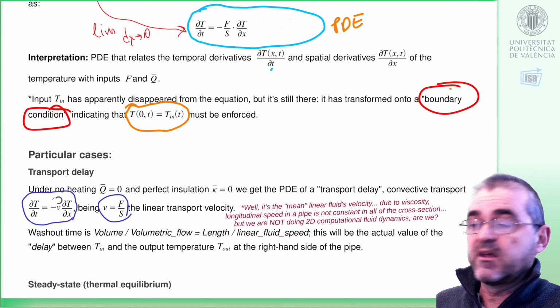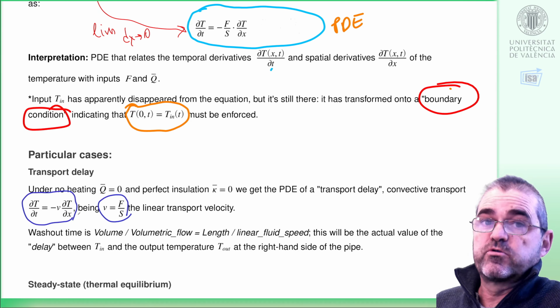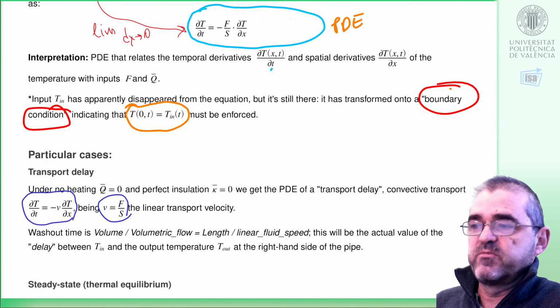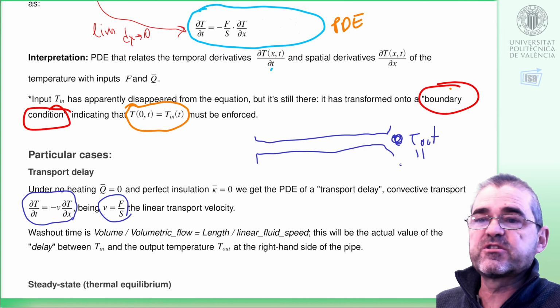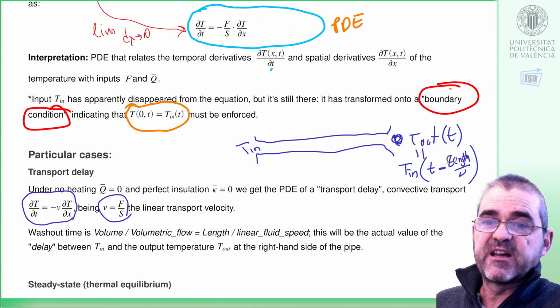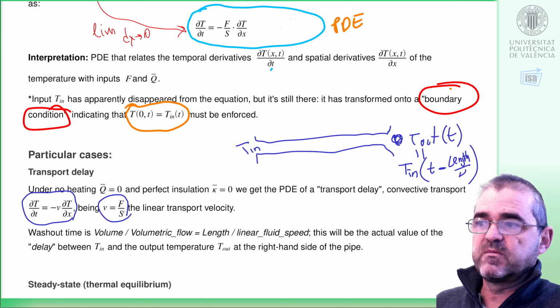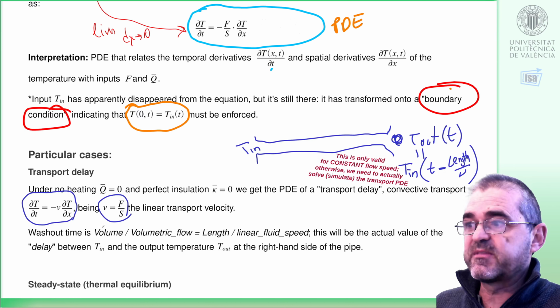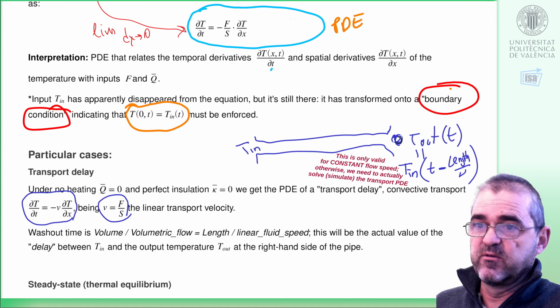And this is the partial differential equation of the so-called transport delay, whose solution can be shown to be that what I measure here is just the input temperature that I had some time before, which is the total length divided by the linear speed of the fluid. So this is the solution to the transport delay PDE for constant fluid speed.